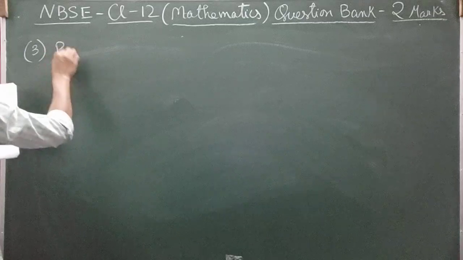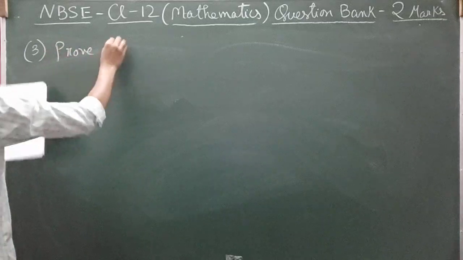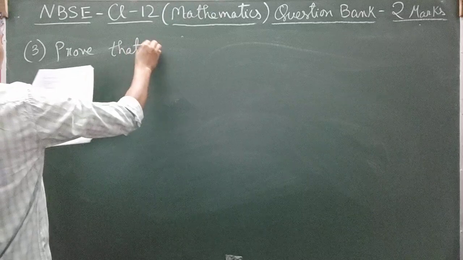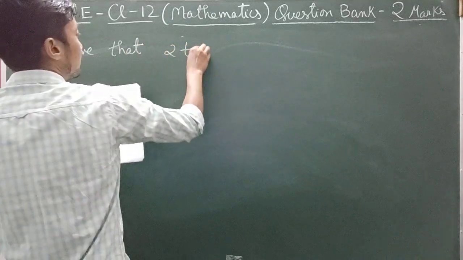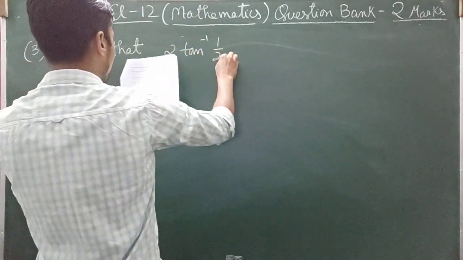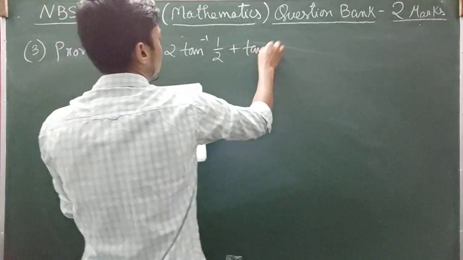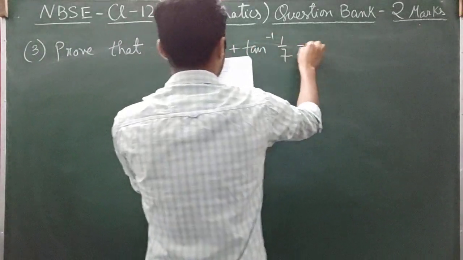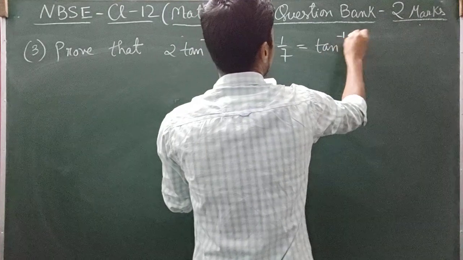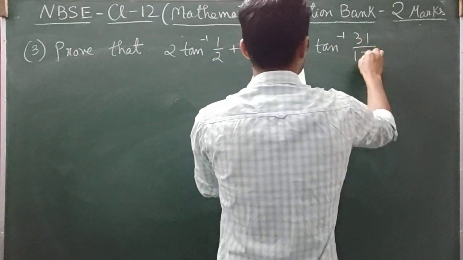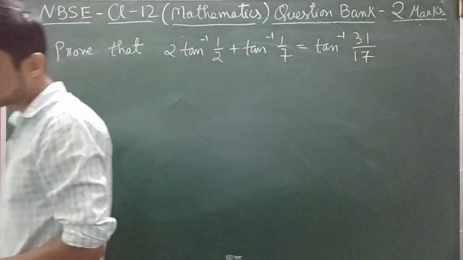Question number 3 is from the inverse trigonometric functions. Prove that twice of tan inverse 1 by 2 plus tan inverse 1 by 7 is equal to tan inverse of 31 upon 17.